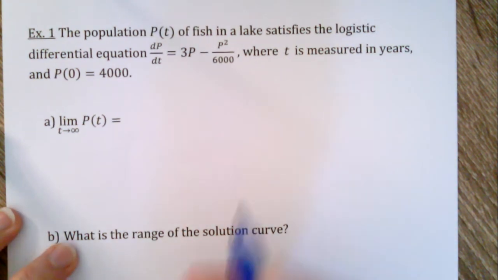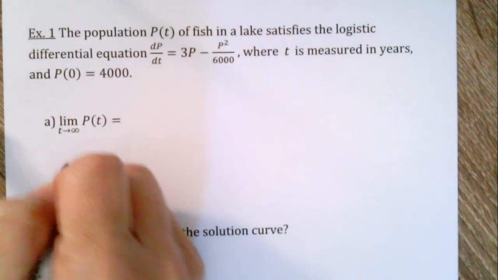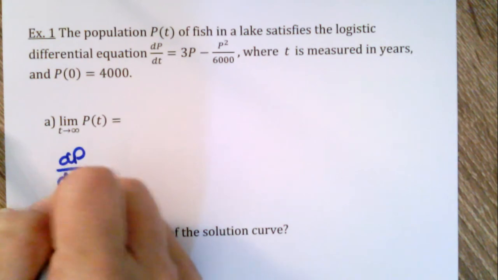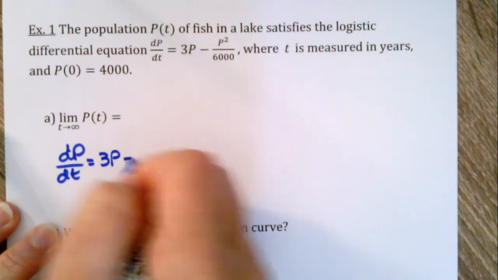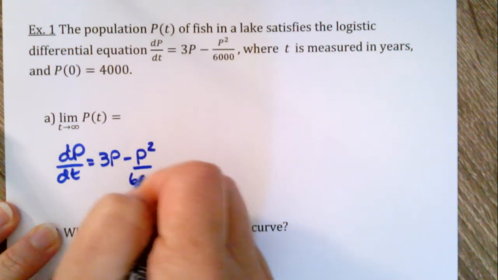So in order to calculate that, we're going to take our differential equation, dP/dt is equal to 3P minus P squared over 6,000.